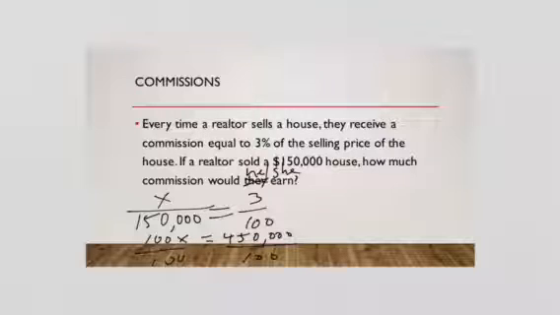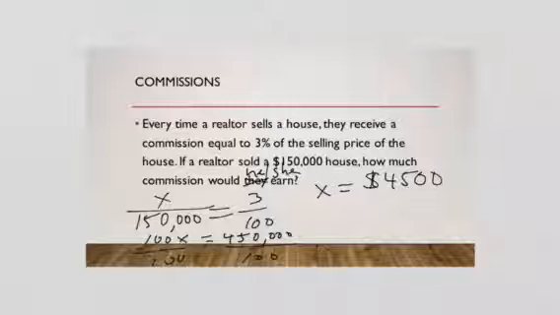So what is 450,000 divided by 100? Well, she makes, or he makes, $4,500 in commission.